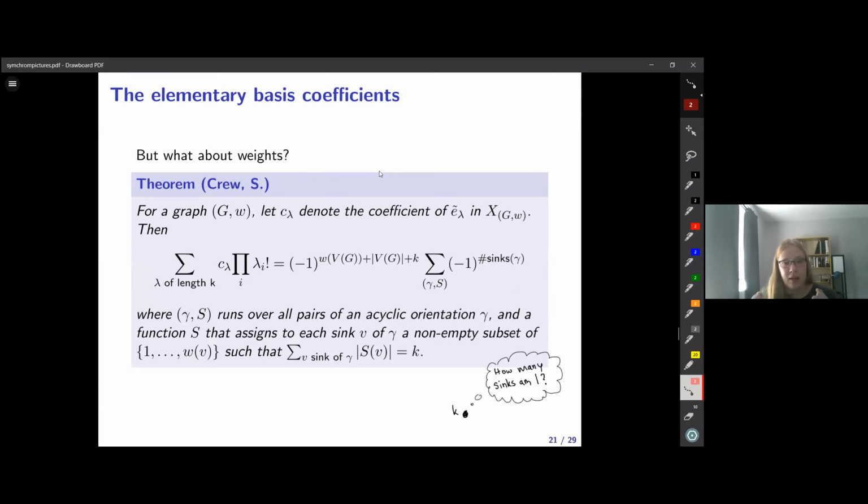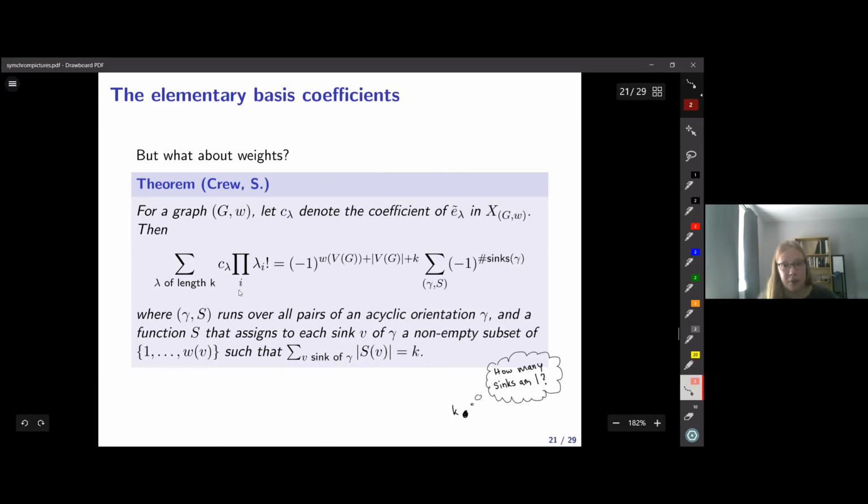So each sink can be any subset of 1 through its weight, the actual sinks. The length k of the partition we're counting corresponds to the sum over all sinks of the size of the subset assigned to be the actual sinks within that vertex.